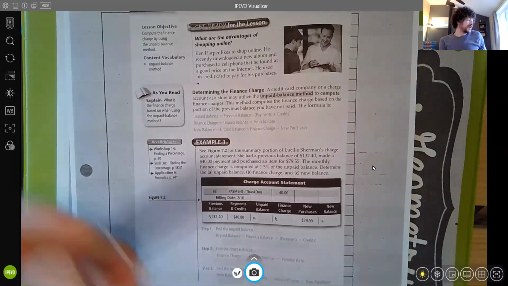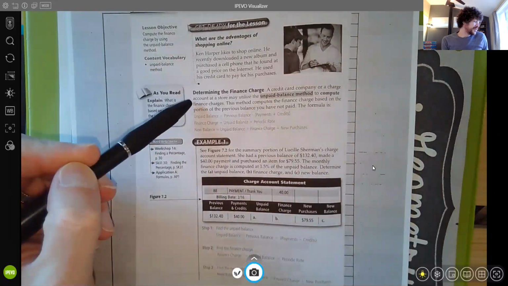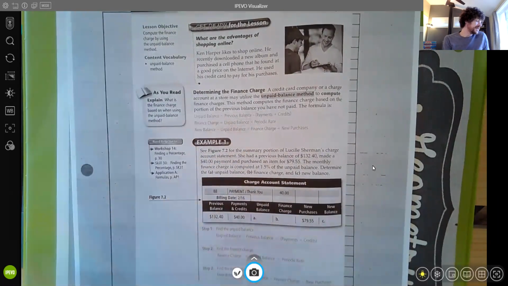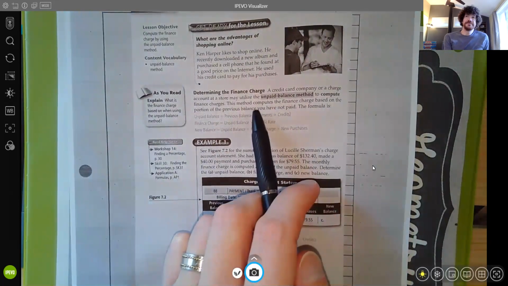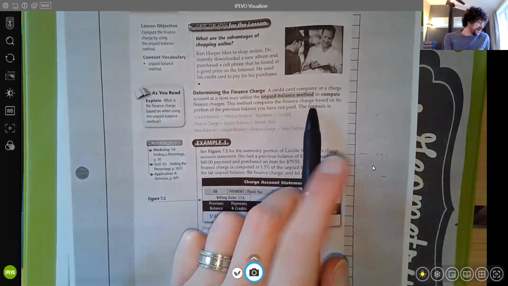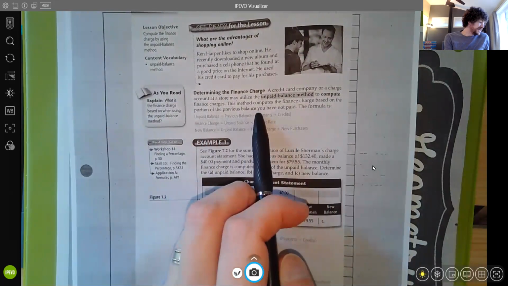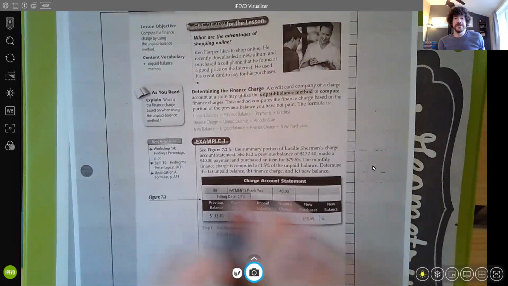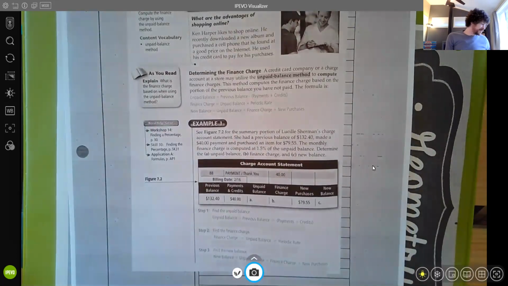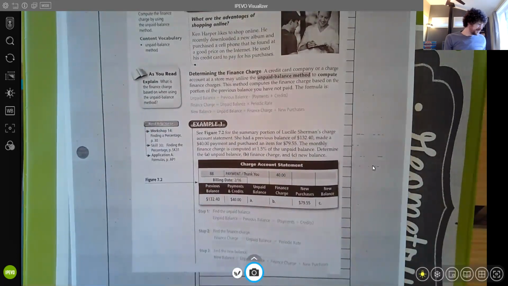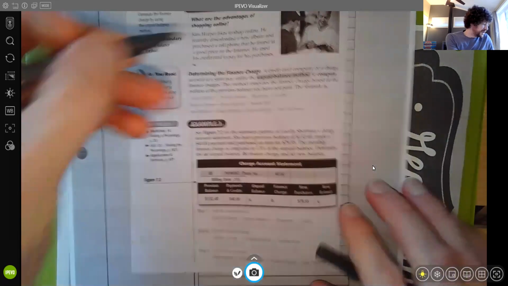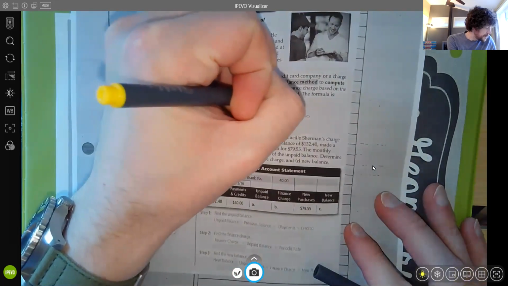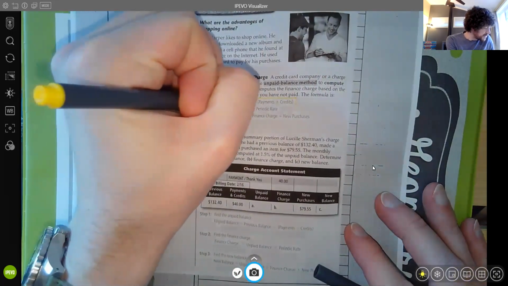And so a credit card company or a charge account at a store may utilize the unpaid balance method to compute finance charges. This method computes the finance charge based on the portion of the previous balance you have not paid. So our formula is actually like a three-part formula. There's three things that we're going to be doing. We are going to be calculating the unpaid balance. That is one of them.